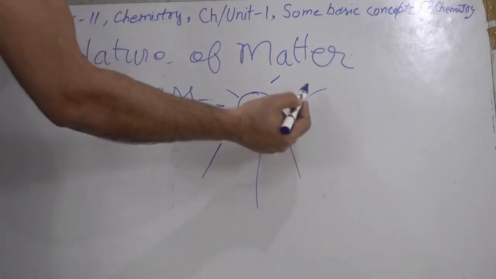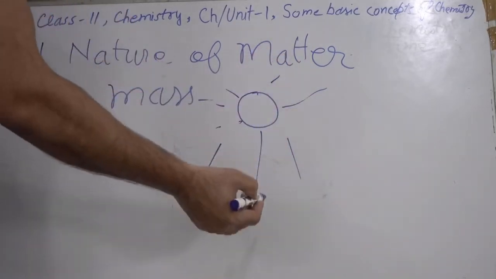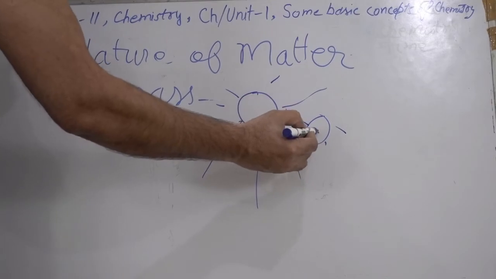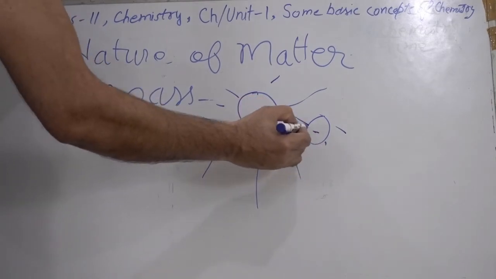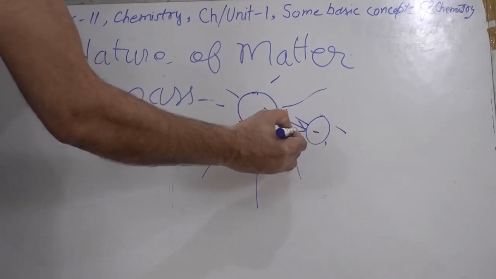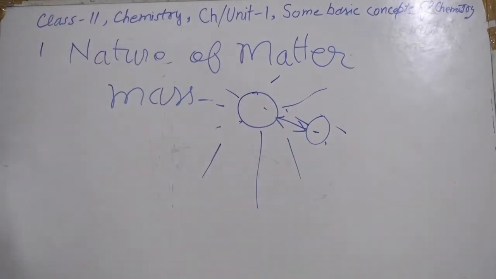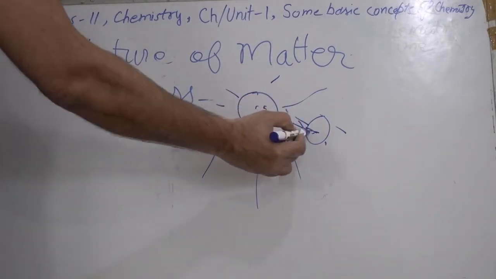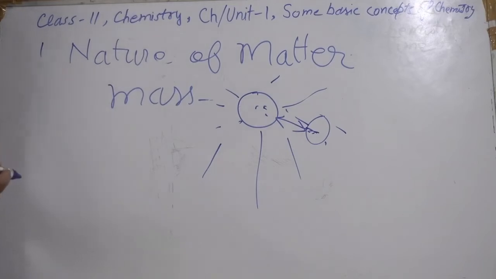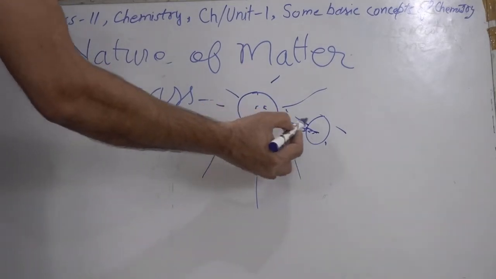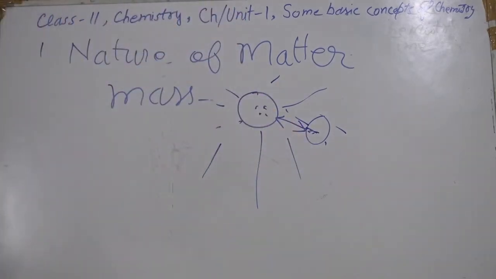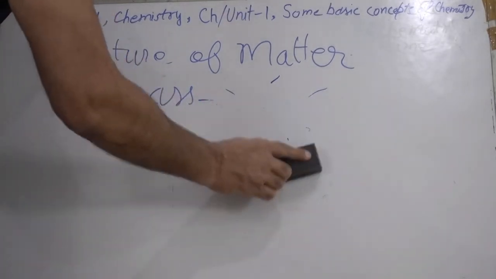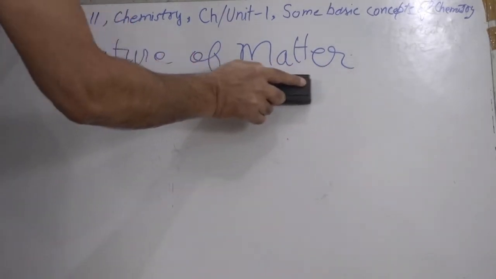If any other material object having mass is brought in this field, it feels a force of attraction, meaning they would try to come closer. This is gravitational attraction or gravitational force of attraction. This is a fundamental force.